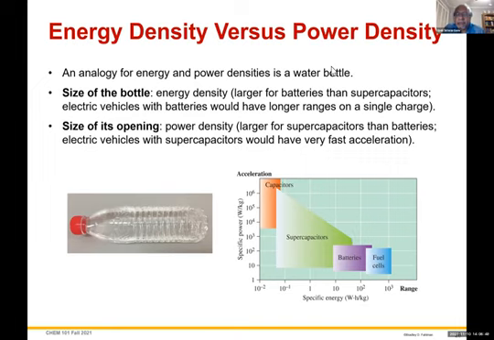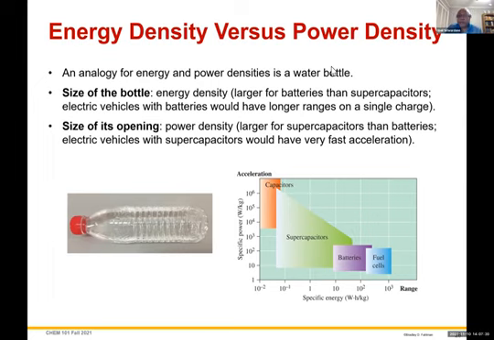Supercapacitors are good with the specific power. Capacitors are also good in that sense. But capacitors have lower energy, so therefore we cannot use them. Supercapacitors have in-between energy. But energy density-wise, batteries have more energy.